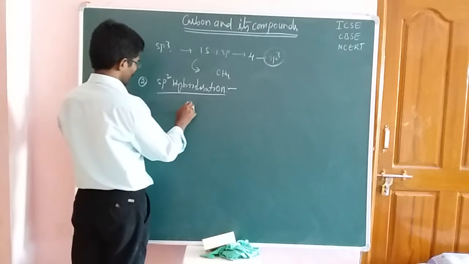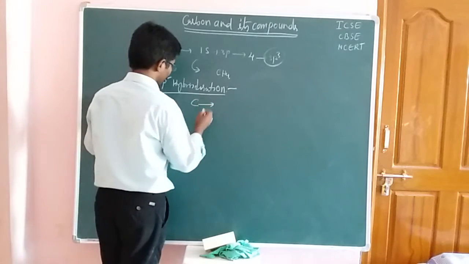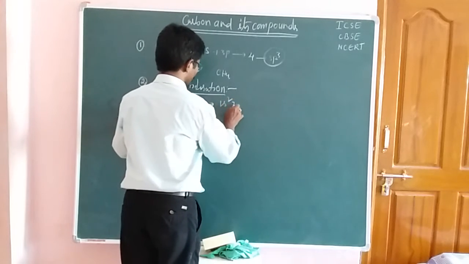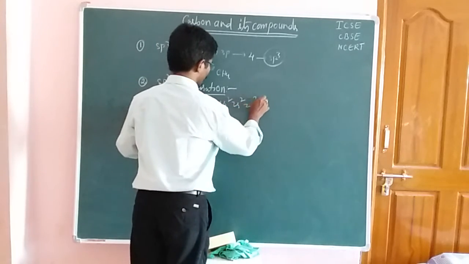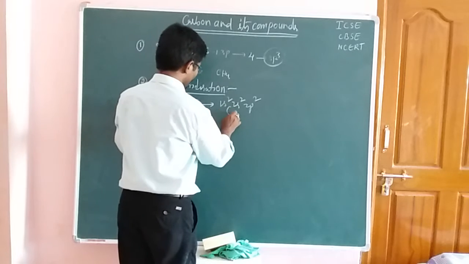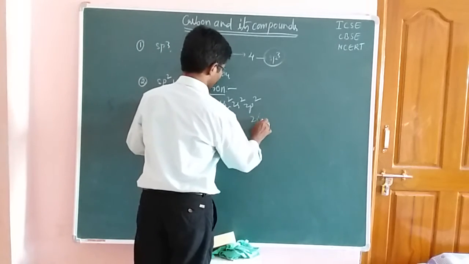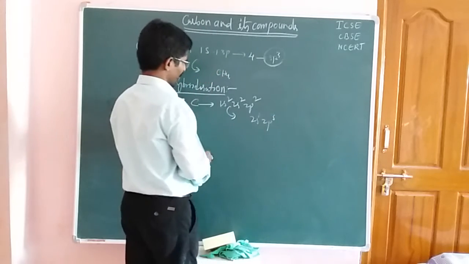Now if you take the carbon atom, its electronic configuration is 1s2, 2s2 and 2p2. In the excited electronic configuration of carbon, it is 2s1 and 2p3.